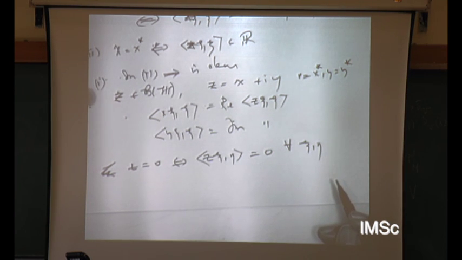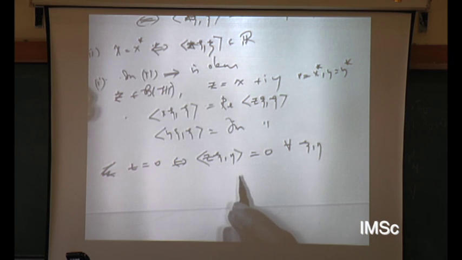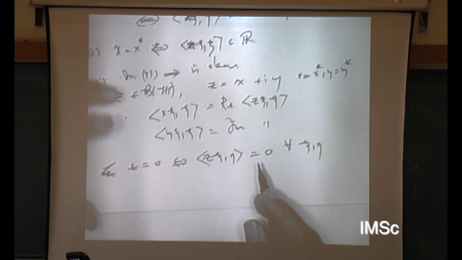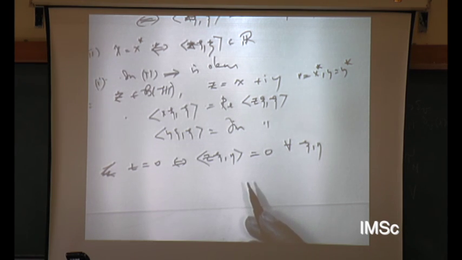So I want to conclude that z ξ is 0, if and only if z ξ is 0, I want to say.